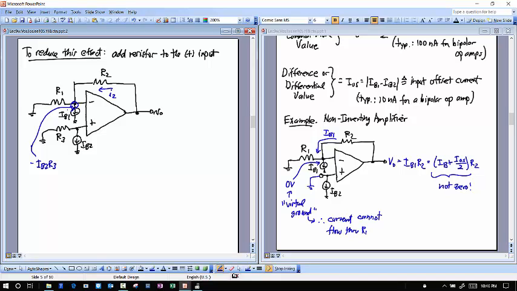And so if I have a voltage at the negative terminal of that value, that means I'm going to have a current flowing through R1 here. That's going to be equal to that voltage divided by R1. And so that current here is going to take on the value minus IB2 times R3 divided by R1. And so now I have to account for both that current and IB1 in the current I2.